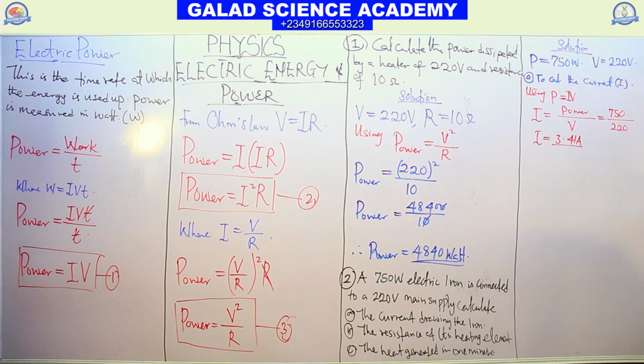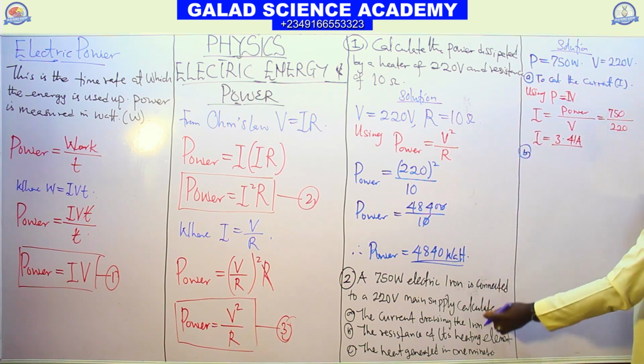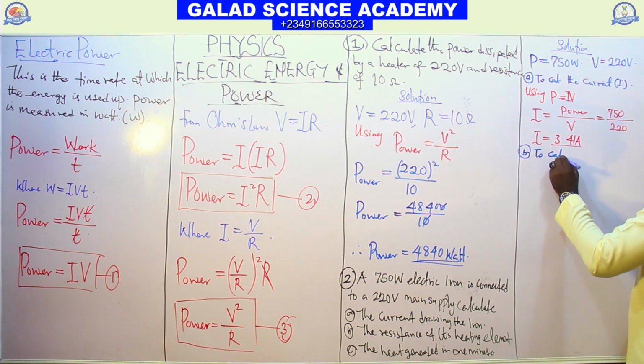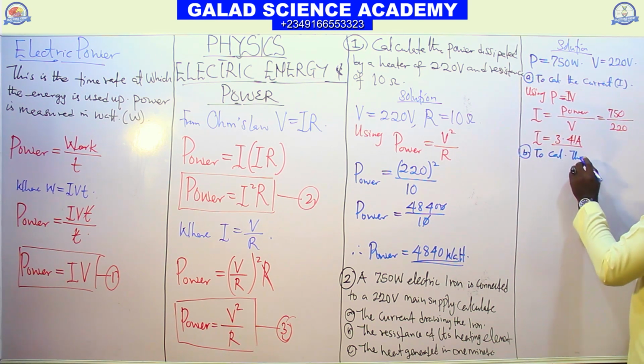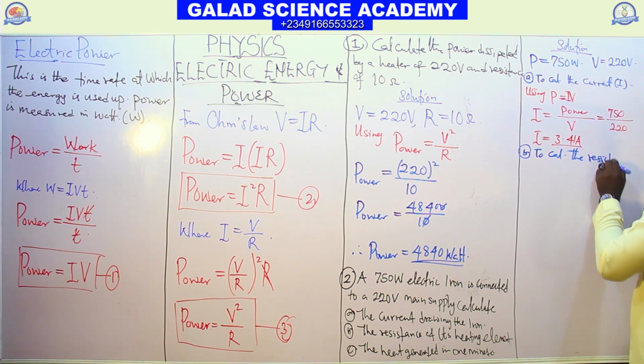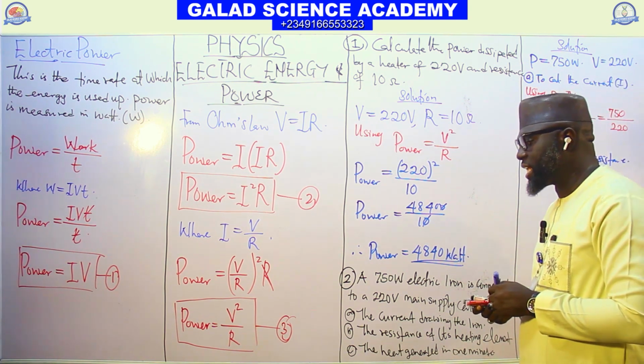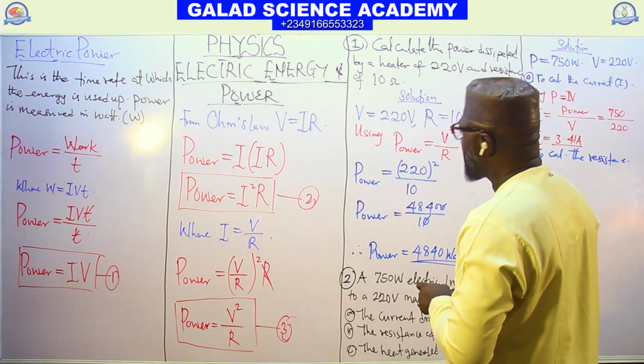The next one is B. We have to find the resistance. Which formula relates power, current, and resistance together?